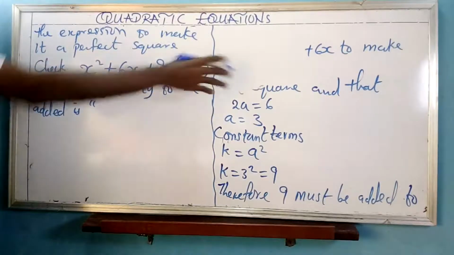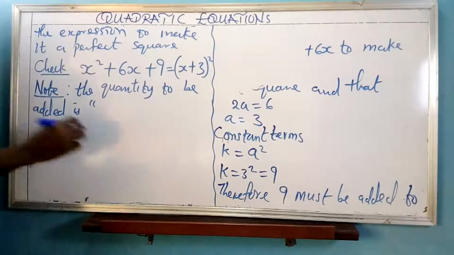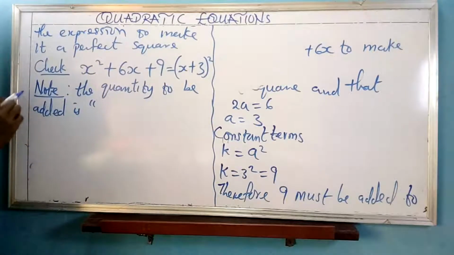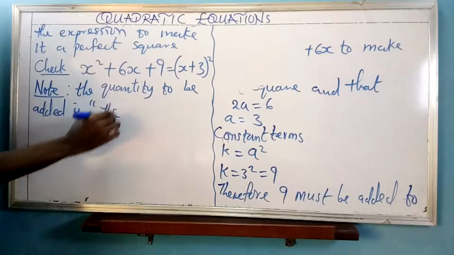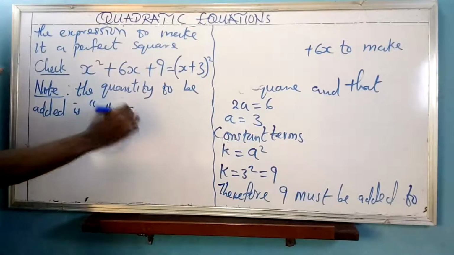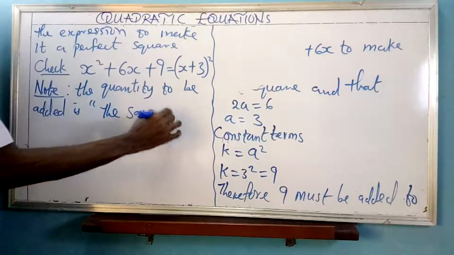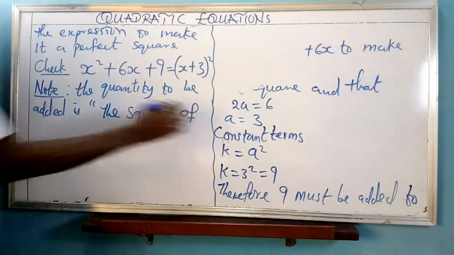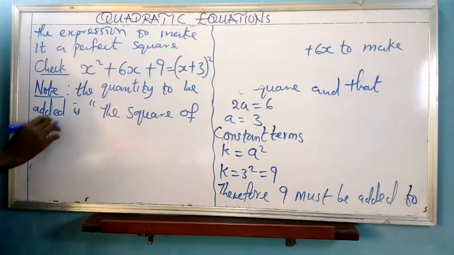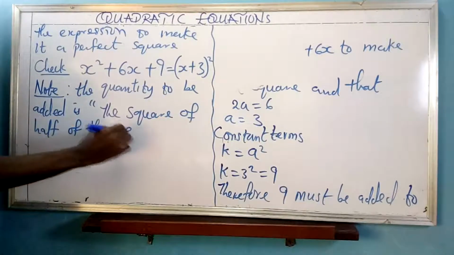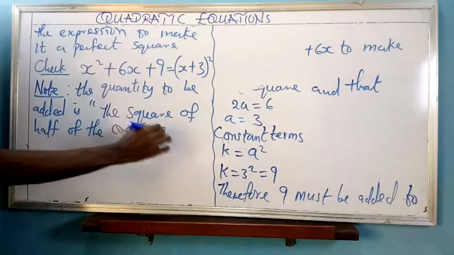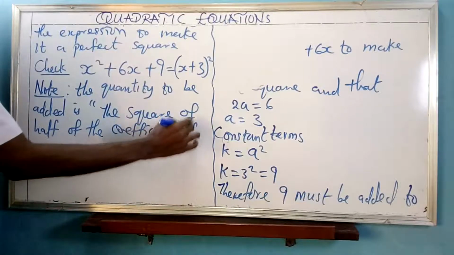So we don't need to be going one at a time like this and get our answer again. The quantity to be added will now be the square of half of the coefficient of x.